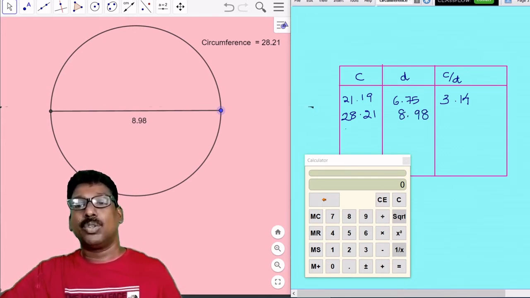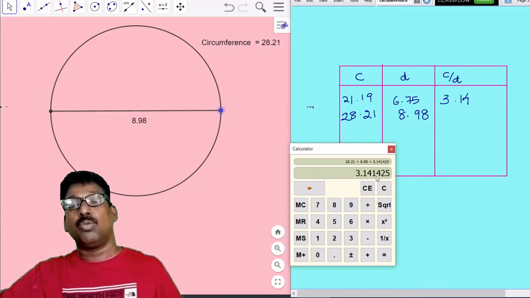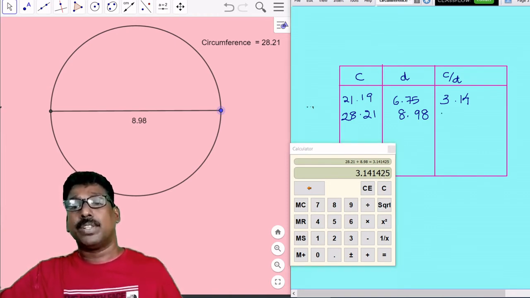If you divide 28.21 by 8.98, what will you get? That is 28.21 divided by 8.98. What will you get? Yes, it is 3.141425, or cut to 2 places of decimal you can write it as 3.14. The same answer you are getting.